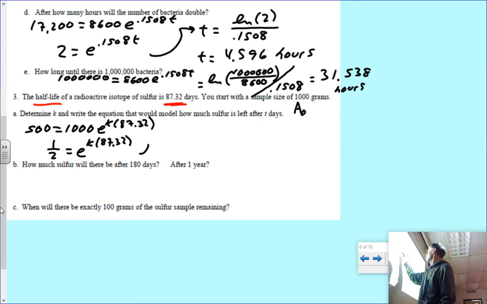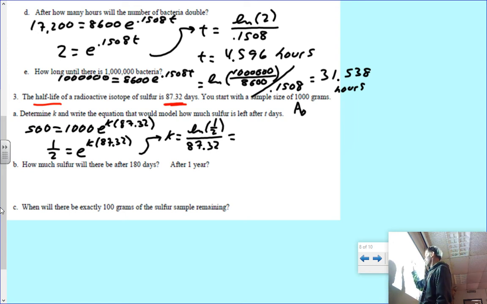And then in this case, your k is going to be ln of 1/2, or 0.5, either way you want to write it, over 87.32. Now, just to note, your k in this case is going to be negative because it is a decay value. When you put that in your calculator, you should get negative 0.0079.